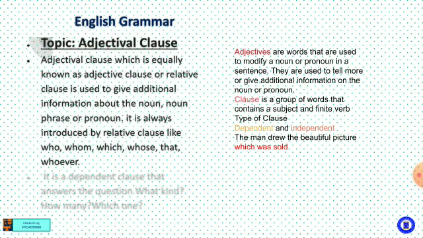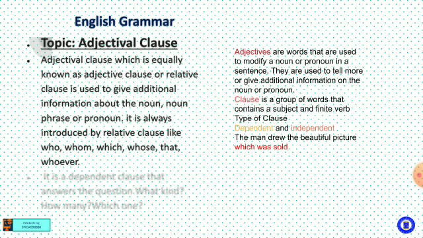Now, quickly, what is an adjectival clause? Another name for adjectival clause is adjective clause or relative clause. They function as adjectives in a sentence to give you additional information to define or identify the noun or pronoun that is being talked about.